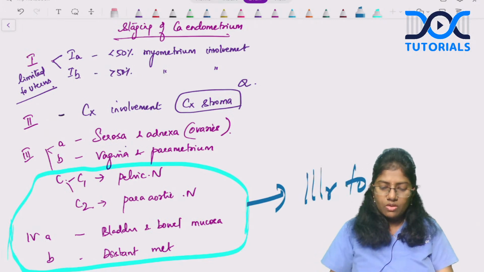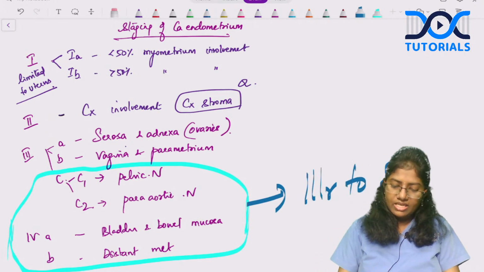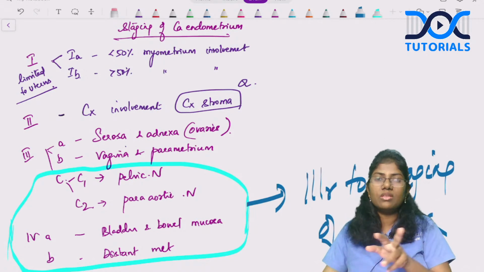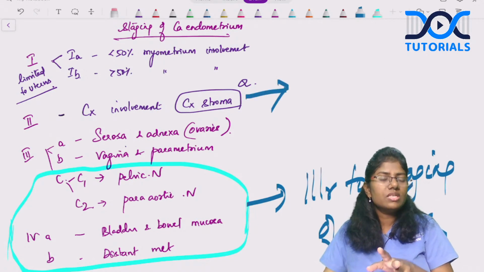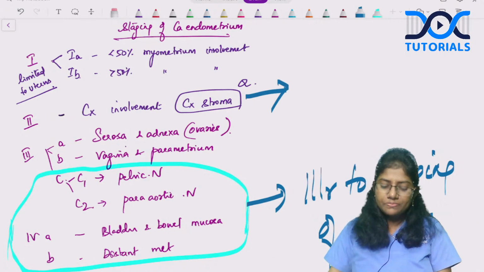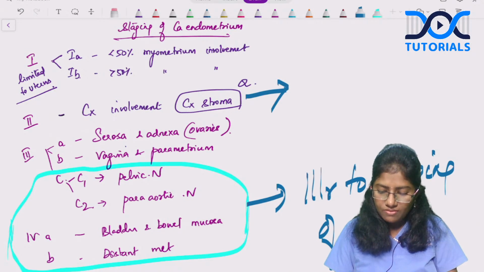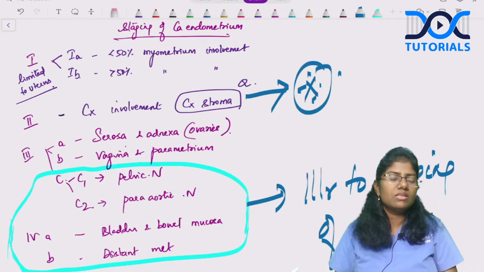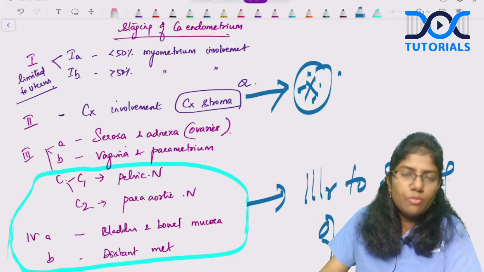The second important area is stage 2, which is the involvement of cervical stroma and not the cervical mucosa. If cervical mucosa is involved, it is not stage 2; it can be stage 1 also. If cervical stroma is involved, it is stage 2.